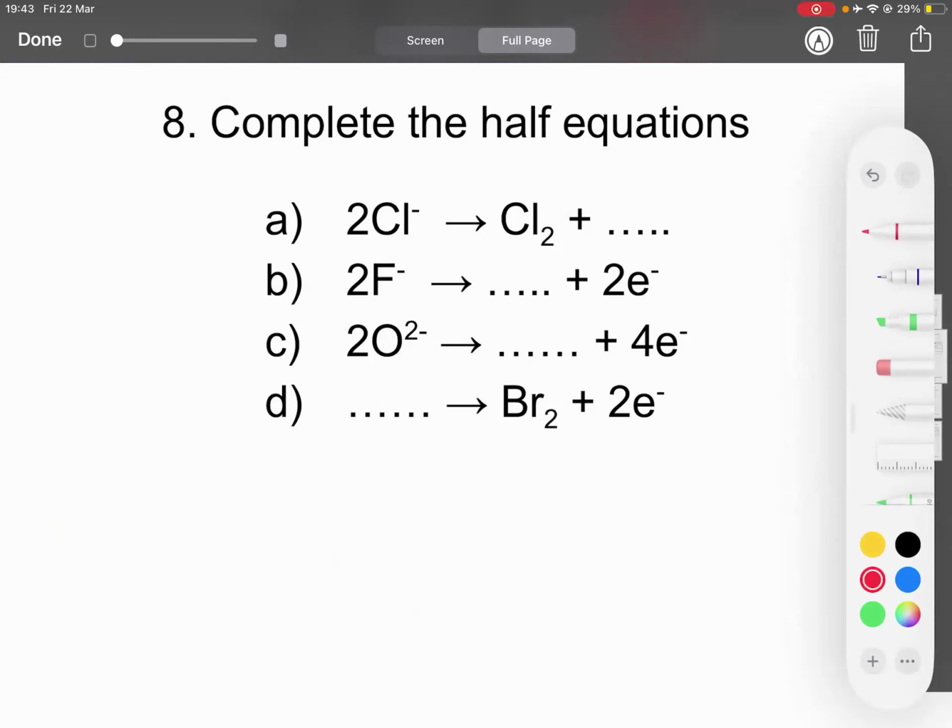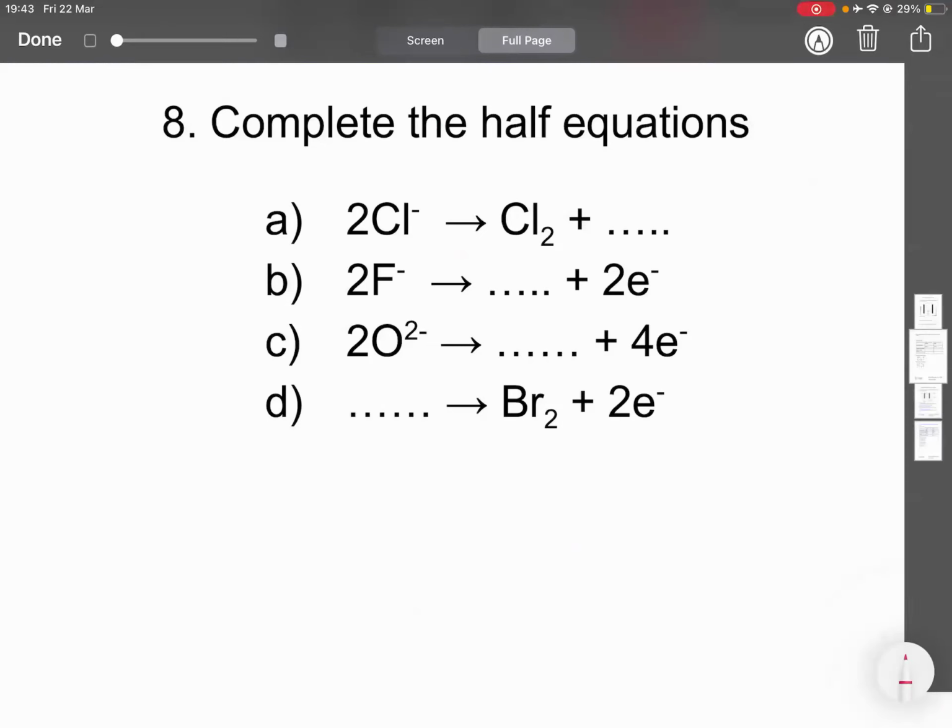So because of that, if they don't put the 2 there, you have to put the 2 there. So it won't be F, it would be F2. It won't be O, it would be O2. After you finish doing that, you have to make sure you put 2 Br minus. I know it's Br minus because it's group 7, but you have to make sure you put a 2 in front because the product has a 2 in it.